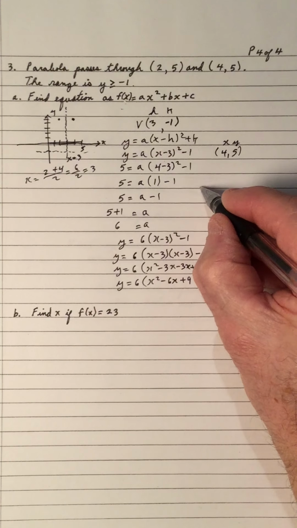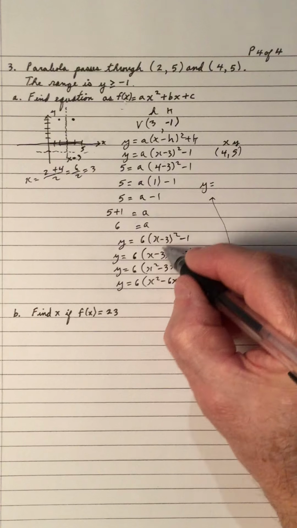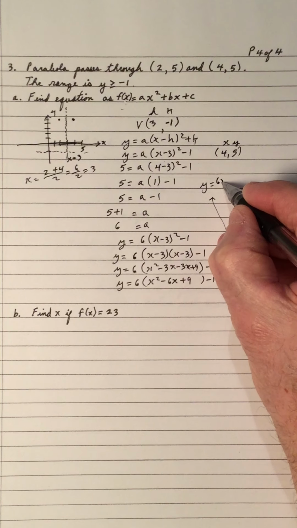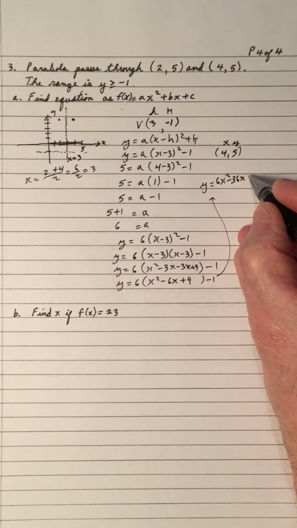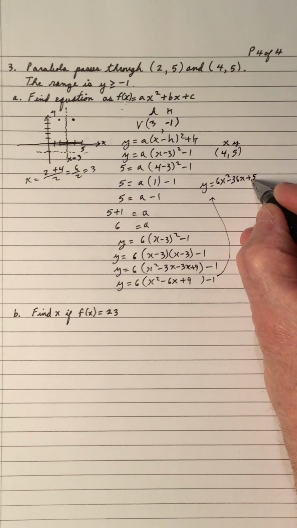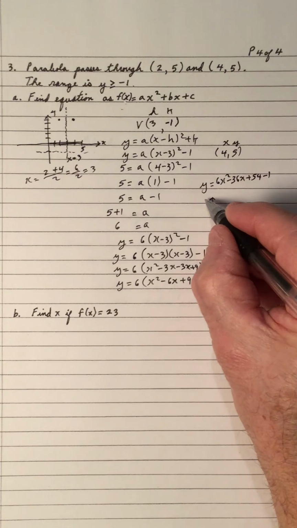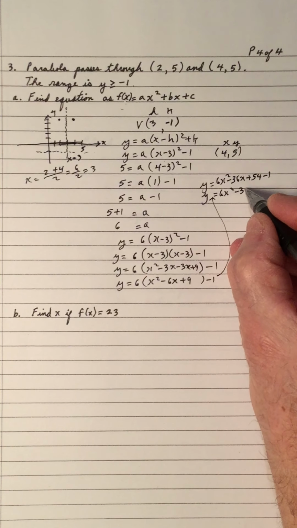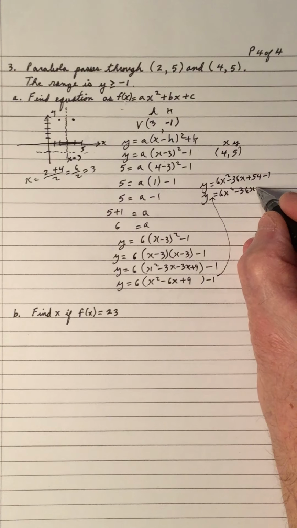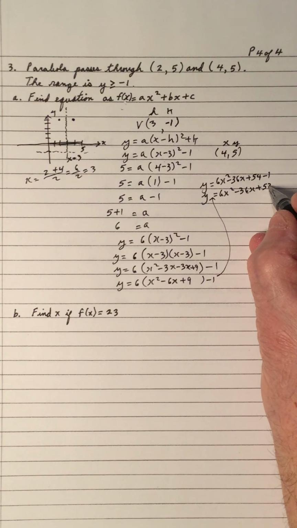And I'll simplify by multiplying by 6: 6x squared minus 36x, 6 9s are 54, minus 1. So y equals 6x squared minus 36x plus 53.